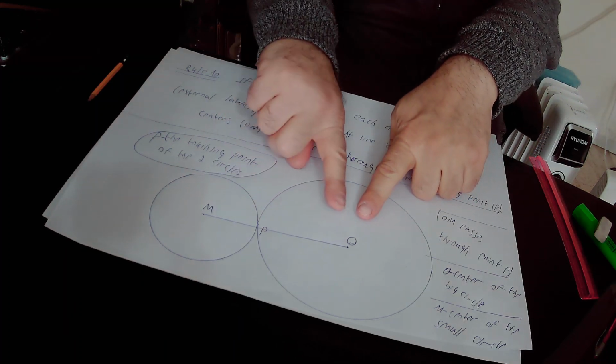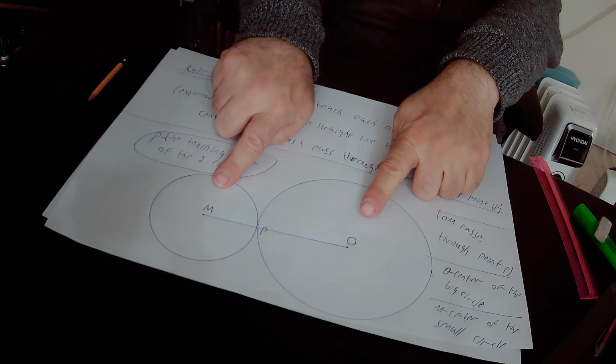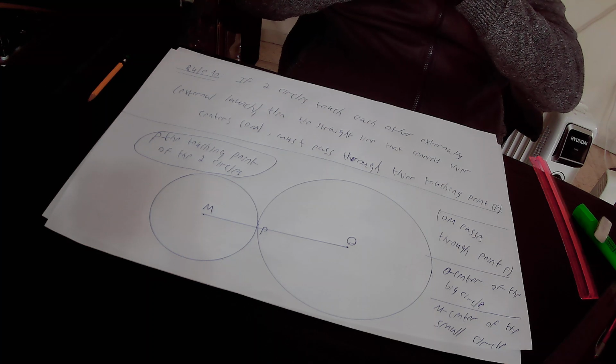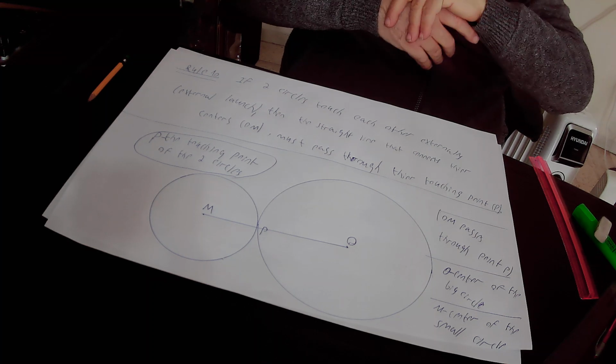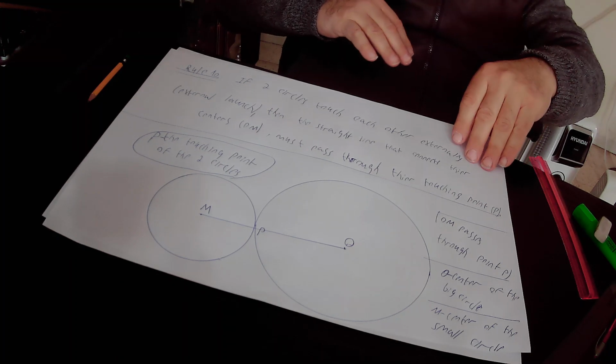OPM is one straight line. So whenever you have an external match between two circles, then the straight line that connects their centers together must pass through their touching point.